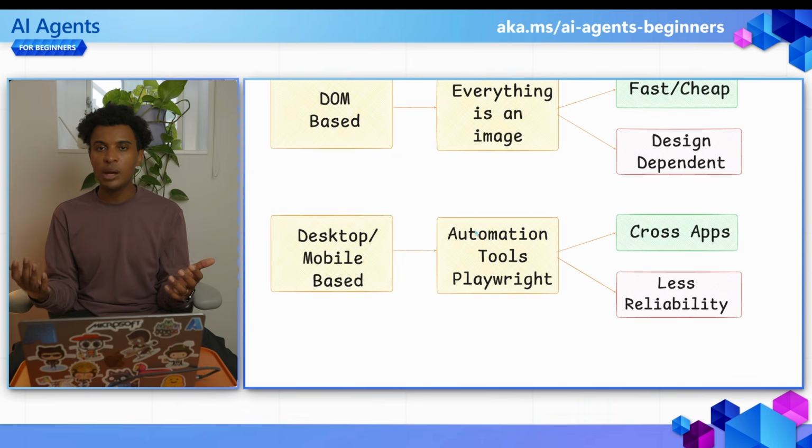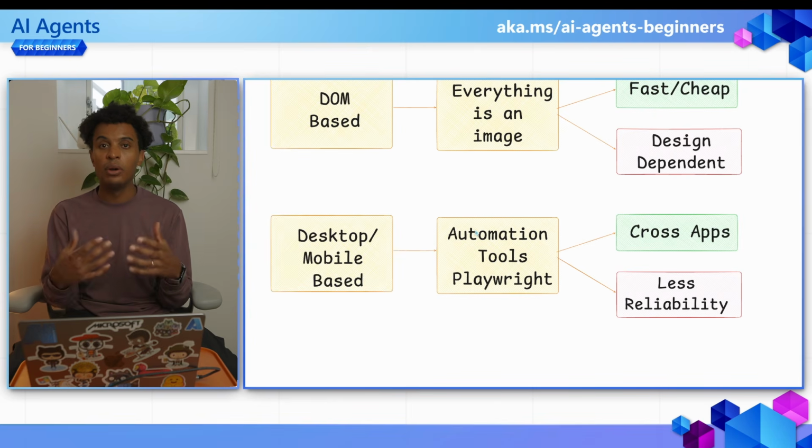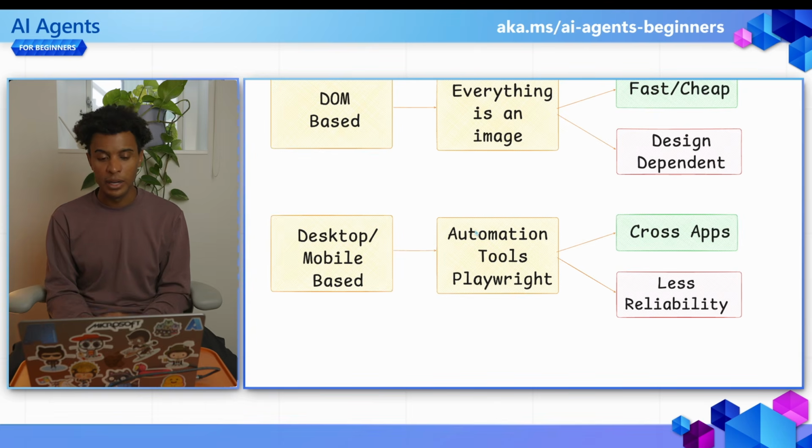The only downside with this is the general reliability, especially when we're working with different applications and how they function. But largely, with these types of agents as well, there is some cost in terms of token amount, though they offer some adaptability, using these automation tools that we've been using for quite some time.